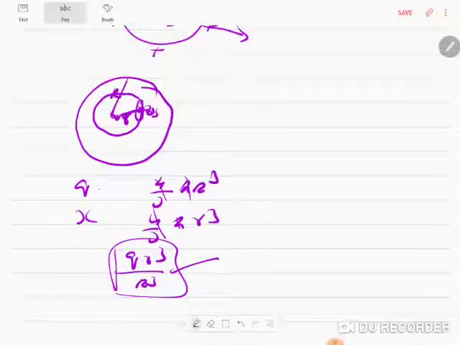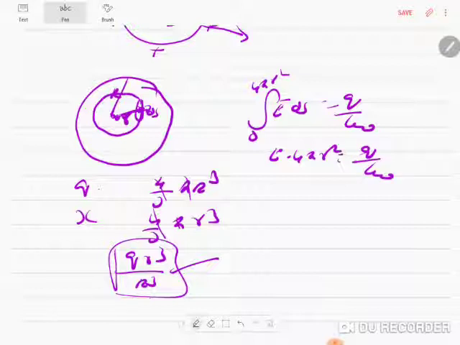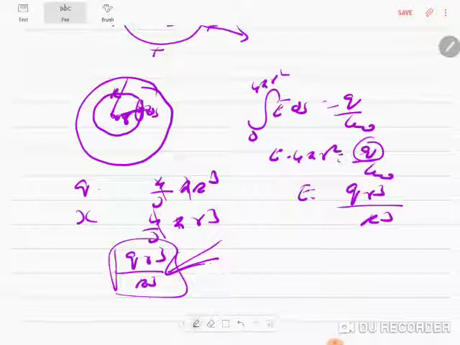Then the integral of E dot ds, ds being 4 pi small r square, is equal to q by epsilon naught. E into 4 pi r square is equal to q by epsilon naught. It's not Q, Q itself is this. So E into 4 pi small r square equals Q small r cube by capital R cube over epsilon naught. Hence this and this get cancelled.